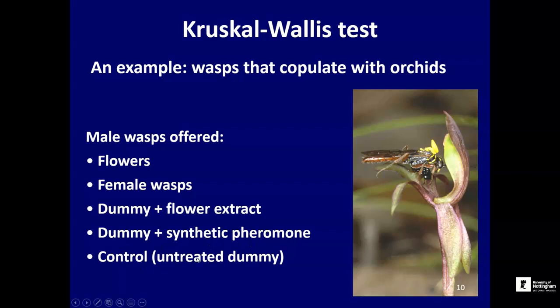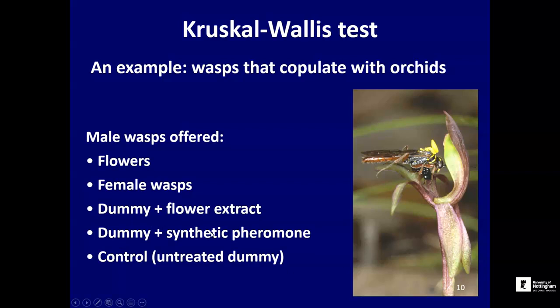And then they took that dummy female wasp, if you like, and treated it with two different chemical extracts. One was essentially just mushed up flowers. So they took the flowers and mushed them up and produced an extract which they painted onto this piece of plasticine, which then allowed them to test whether the smell, the odour of the flower was the thing that caused the male to copulate with something that otherwise clearly wasn't a female wasp.